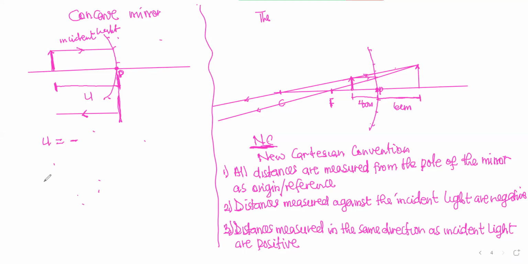If the image formed is real, V would certainly be negative. For a concave mirror, because its principal focus is real and occurs in front of the mirror, F will also be negative, and so is R.